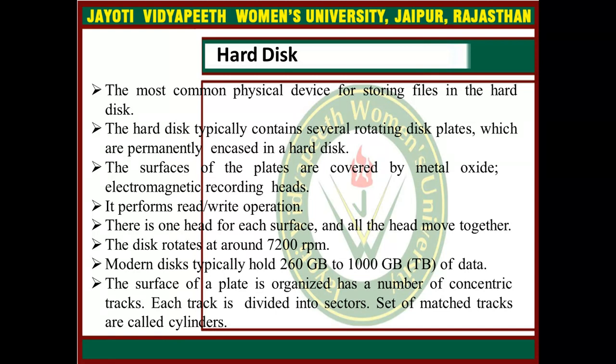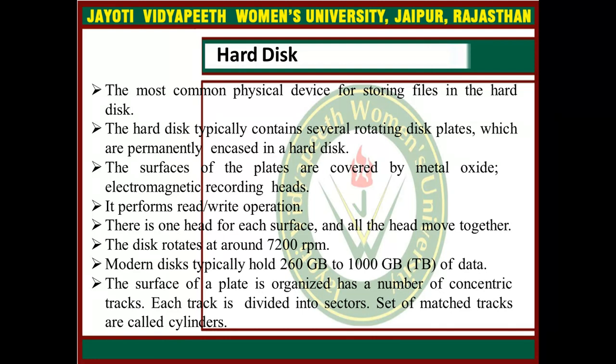There is one head for each surface and all the heads move together. The disk rotates at around 7200 RPM, and modern disks typically hold 260 GB to 1000 GB of data.